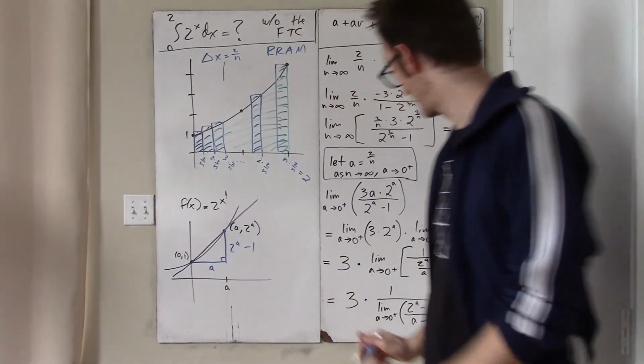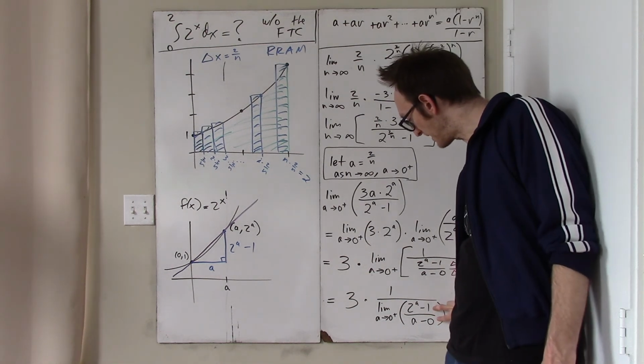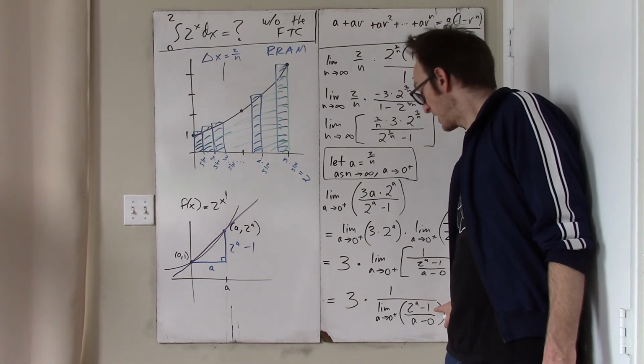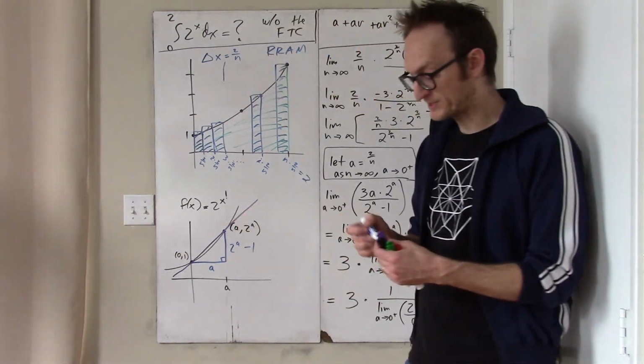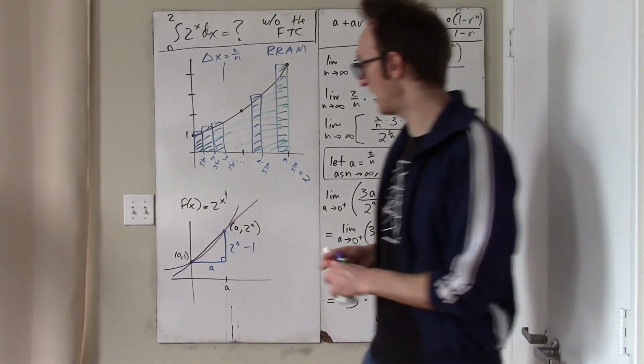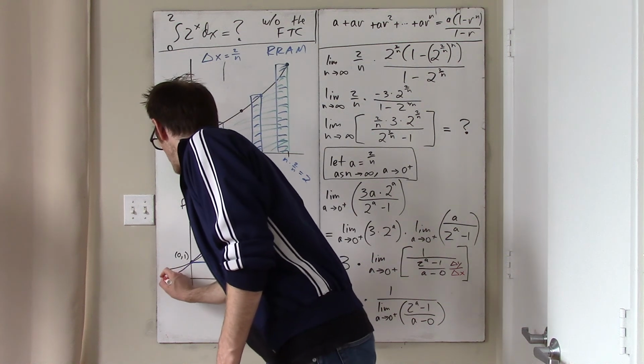And so indeed, we interpret this as a change in y over change in x, and as a goes to 0, this purple secant line becomes the tangent line.